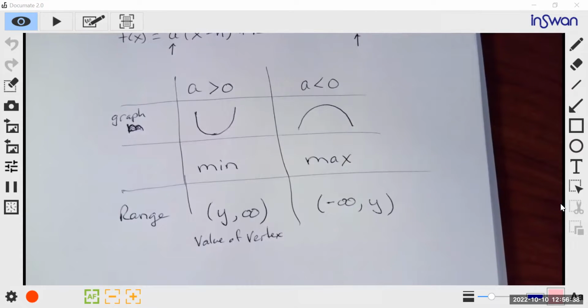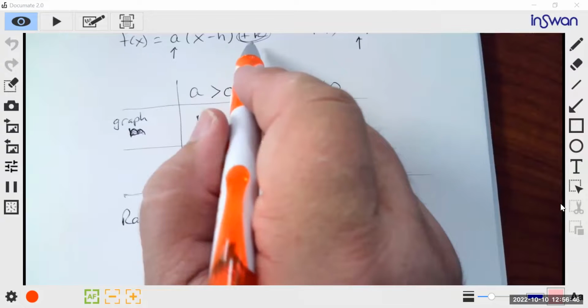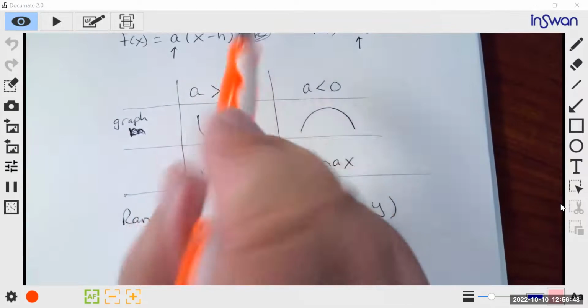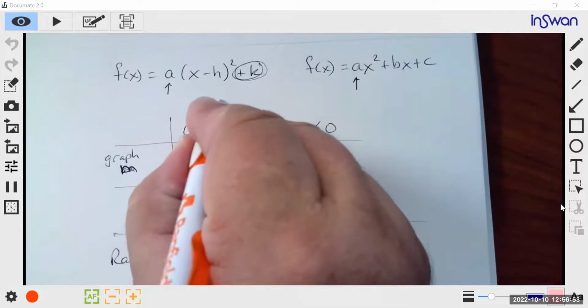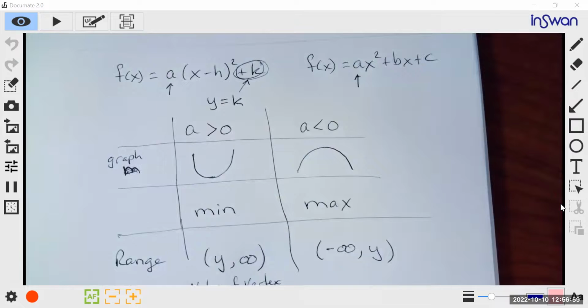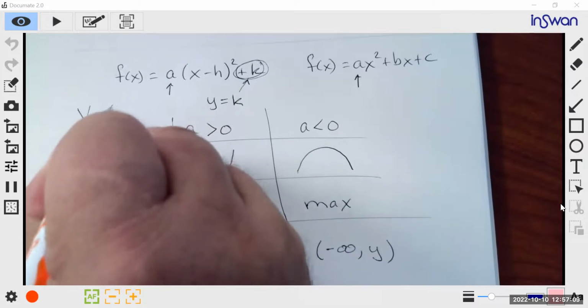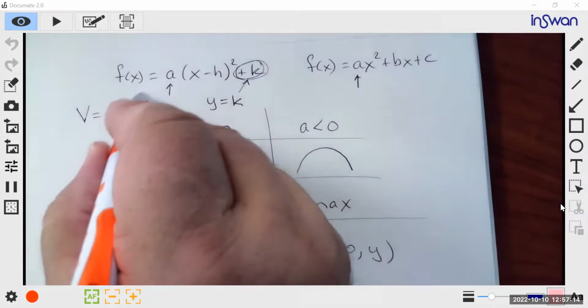So in other words, if you have it in the vertex form, then y equals k. Whatever this value is, the y value of your vertex. Because remember, the vertex is (h, k) if it's in the vertex form.